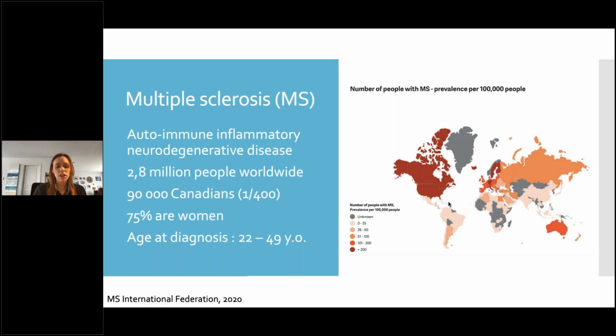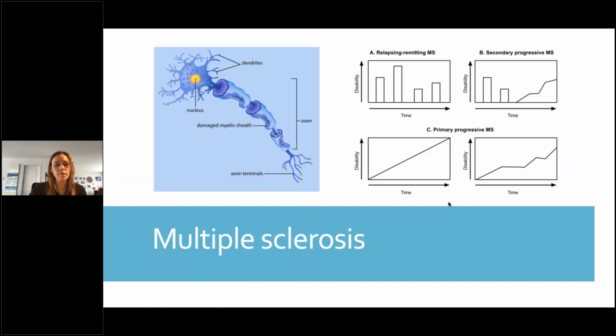Canada is one of the countries with the highest prevalence of MS in the world, as you can see on that map. The main target in MS is the myelin sheath of the neuronal axons inside the central nervous system. Demyelination will slow down the message sent along the axon, and if the damage is severe enough, the message can be completely blocked. There are three main types of MS.